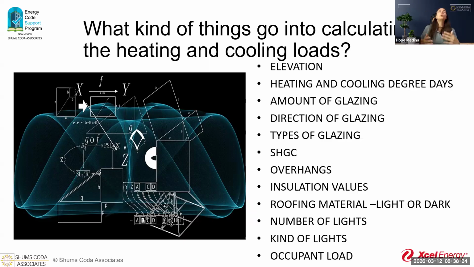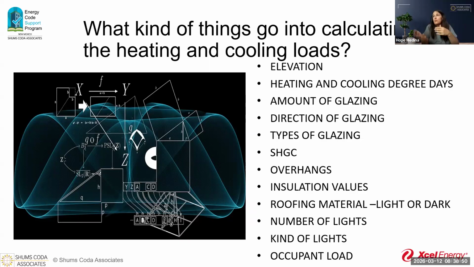How you kept your home cool in the summertime is you had these enormous overhang wraparound decks, right? And so the overhang shaded all of your glazing, because let's face it, we did not have good glazing 100 years ago. So overhangs, insulation values, roofing material, the number of lights, kind of lights, occupant loads.